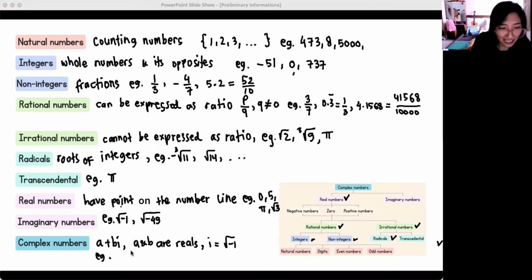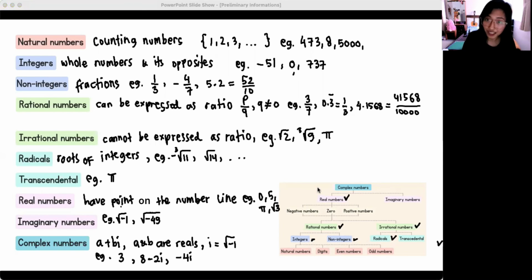Example, it can simply be like 3, like the real numbers, because we can express 3 as 3 plus 0i, right? Or maybe we can write 8 minus 2i, or negative 4i, and so on. That's the complex numbers.